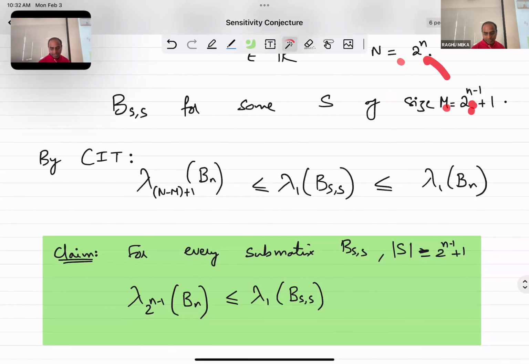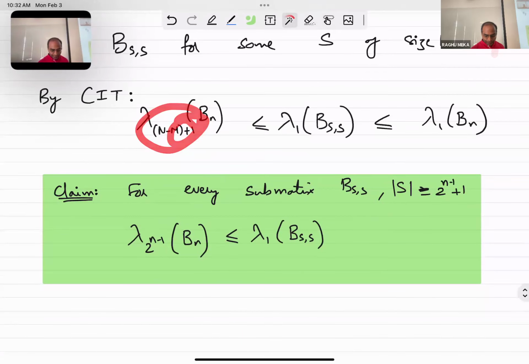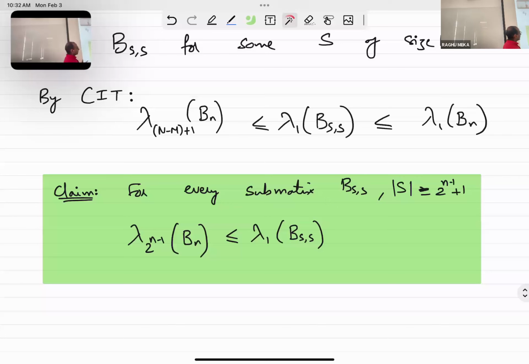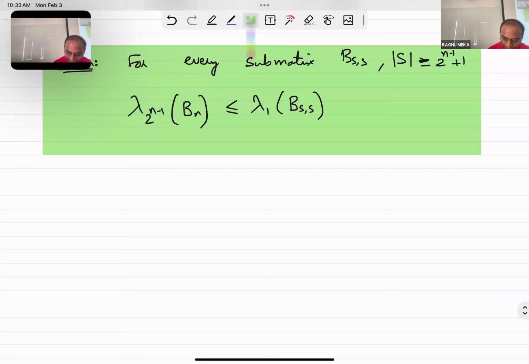So it's like 2 to the n minus 1, minus 1, but then you're also adding plus 1. So you just get this. So it's a very remarkable simplification. I just need to show or find some adjacency matrix to satisfy something, and I can argue about all of the submatrices. So how can I reformulate my goal now?